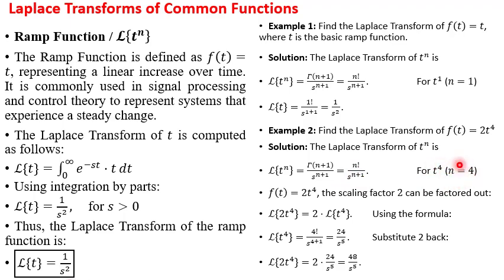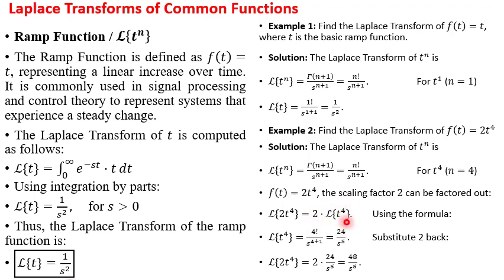And so we just simply substitute 4 for n in this general expression, taking 2 as the scaling factor and just treating that as a constant. So now what we get is the Laplace transform of 2t raised to power 4 equals 2 multiplied by the Laplace transform of t raised to power 4.